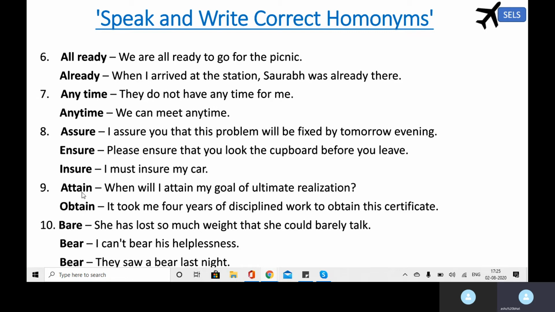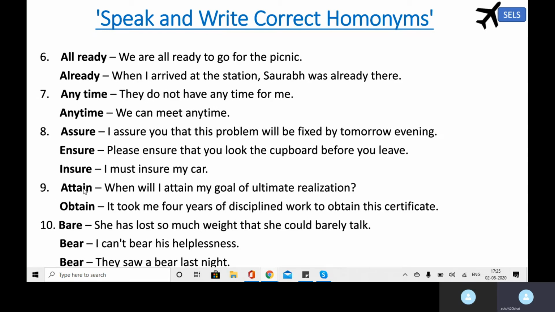Attain and obtain, again a very thin line of difference between the two, but you use attain in such contexts like when will I attain my goal of ultimate realization, or when will I attain freedom from financial dependence.